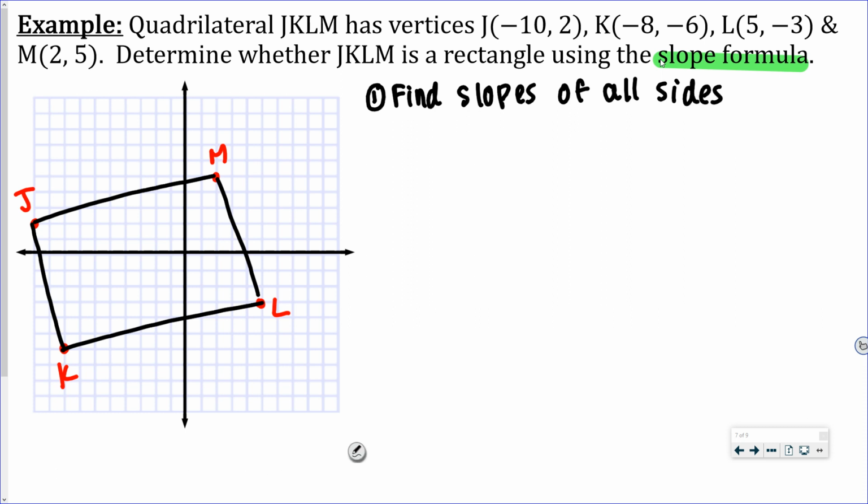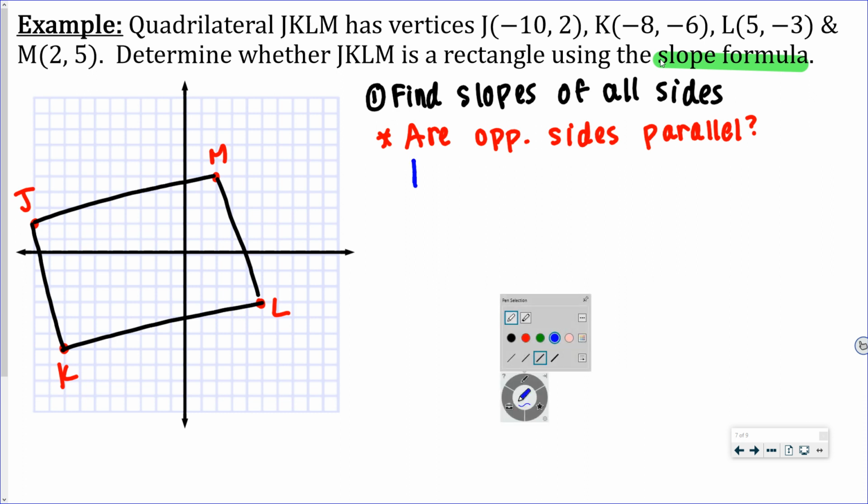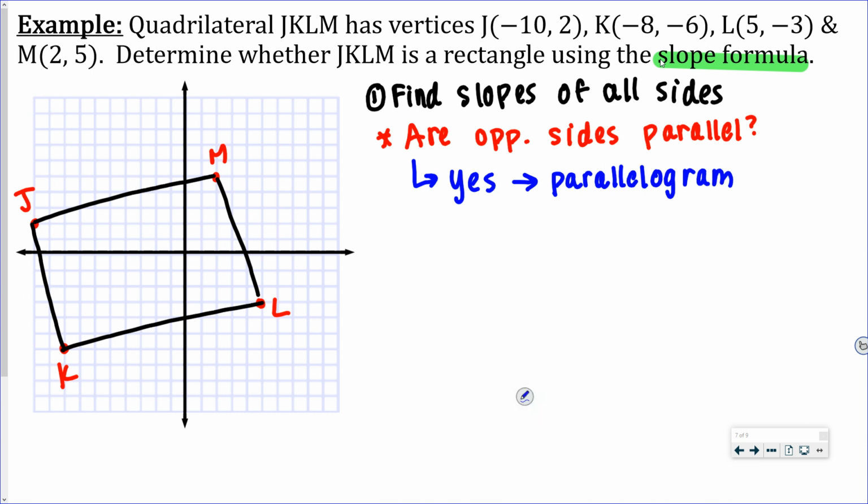And then you're going to ask yourself this question. Are the opposite sides parallel? If they are, then that means it's a parallelogram. If they are not, it's not a parallelogram, and therefore it can't be a rectangle.